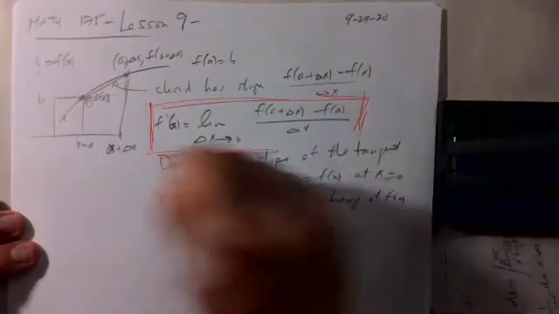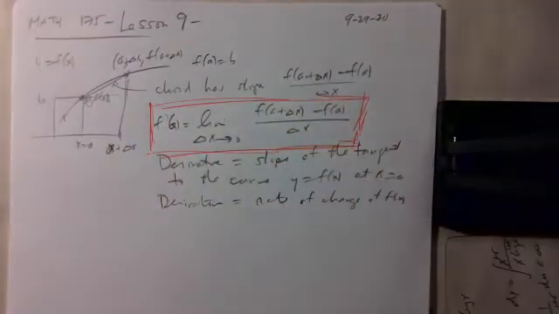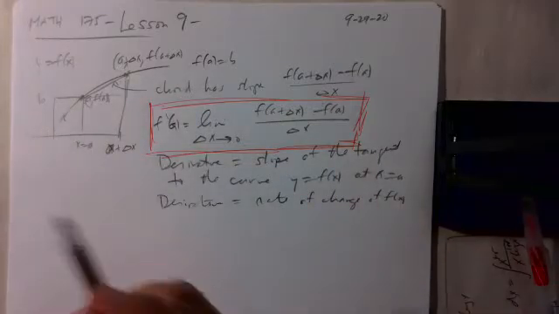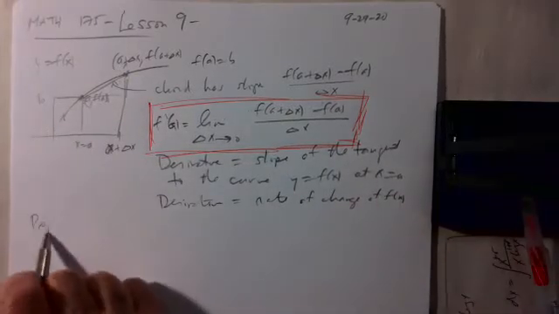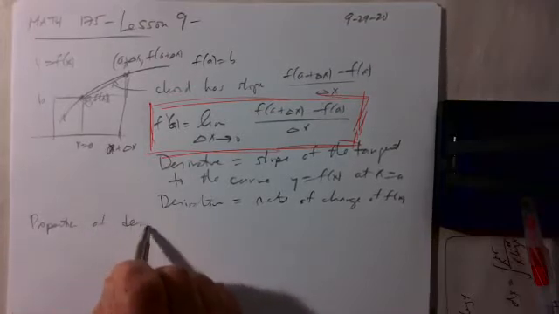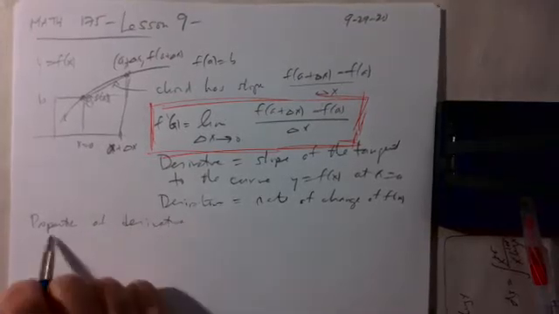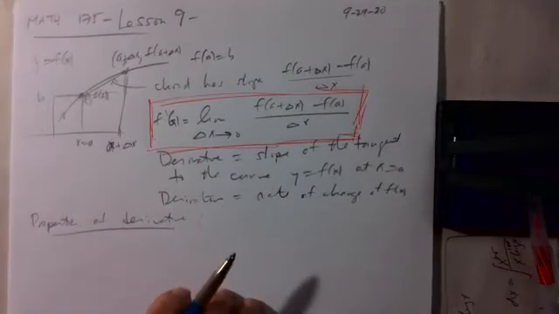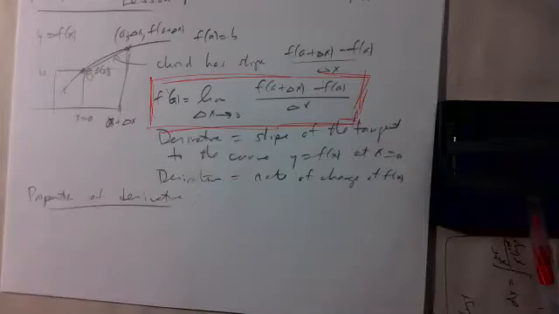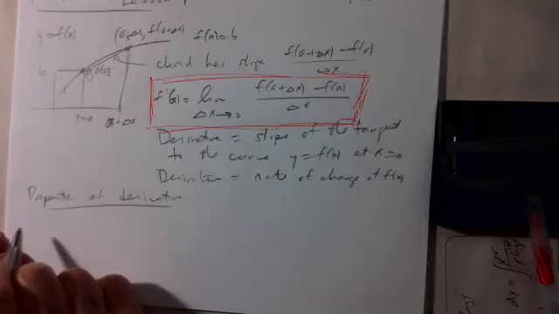This limit is the derivative. And in lesson 8, we proved certain properties of the derivative. And these properties allow us to compute the derivative in many cases.